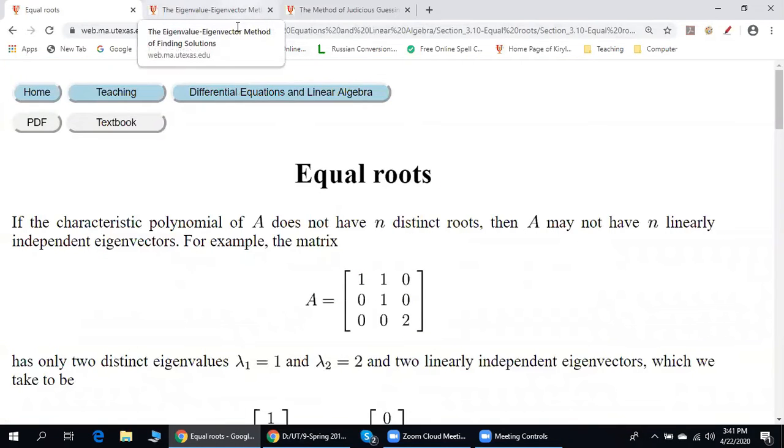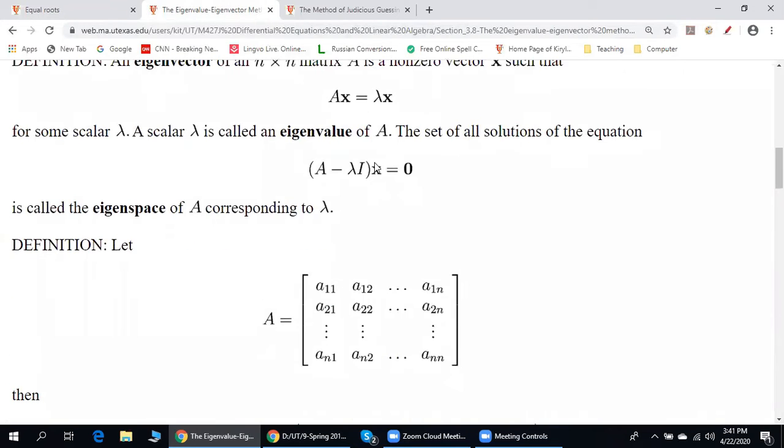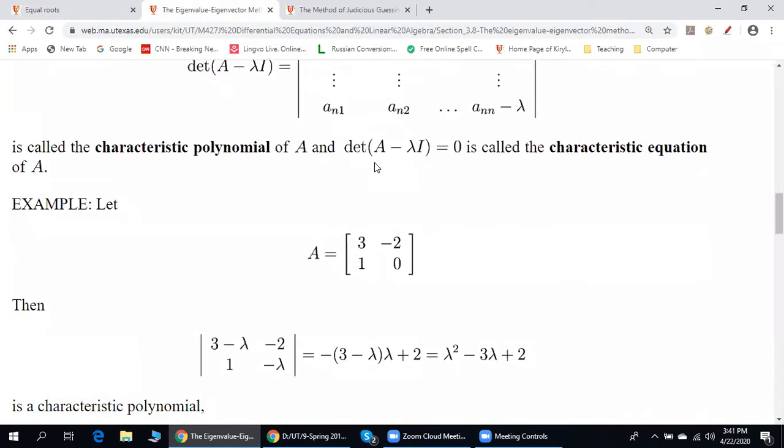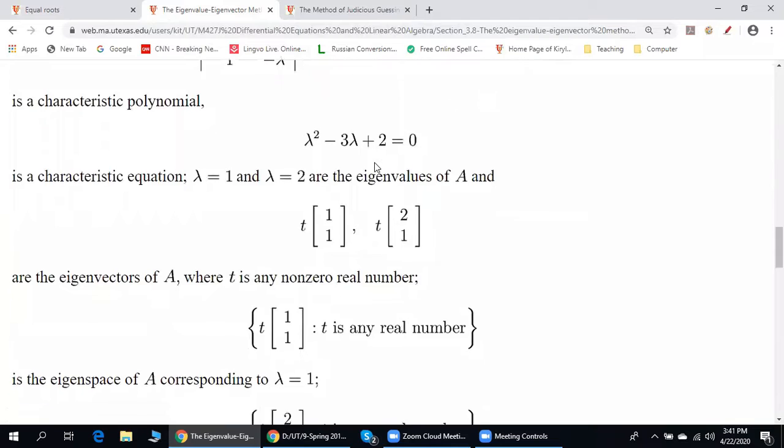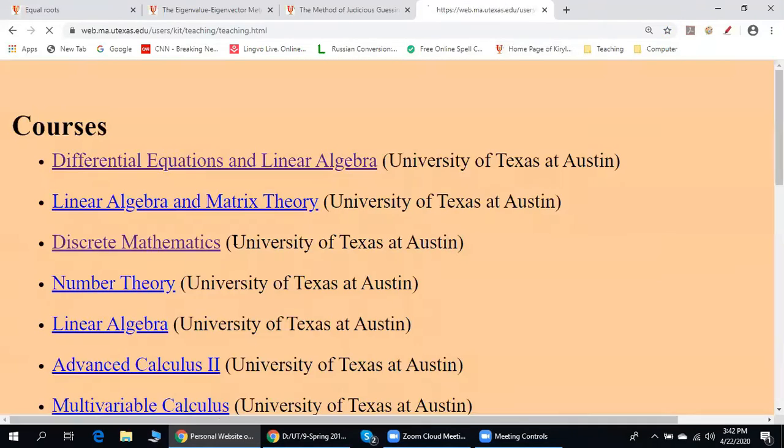First, let me go back to section 3.8. Note that in order to find the general solution of a system of n differential equations, we need n linearly independent particular solutions. So once again, suppose we have a system x dot is equal to Ax.